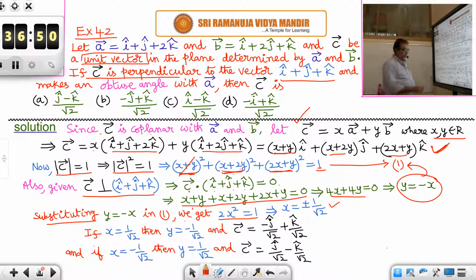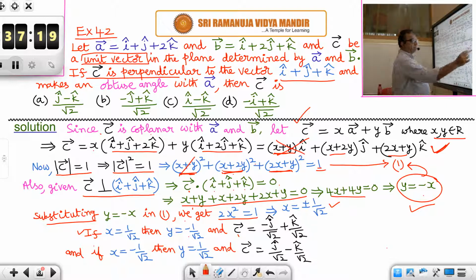So first let us take the positive value. If x is equal to 1 by root 2, because y is equal to minus x, y will be minus 1 by root 2. Therefore, C bar will be what? Here x plus y is 0, already x plus y is 0, so this i coefficient will not be there.